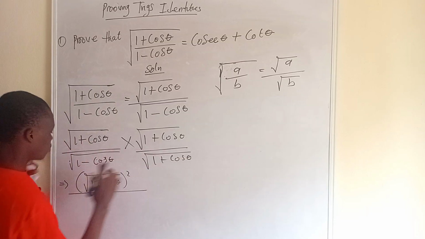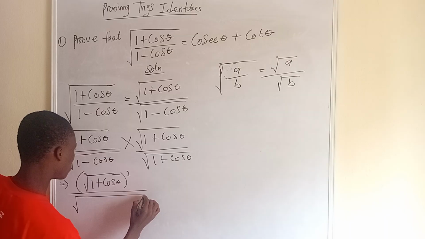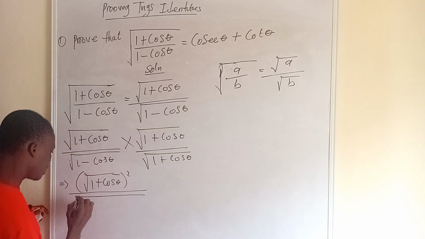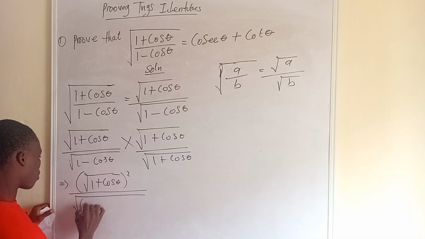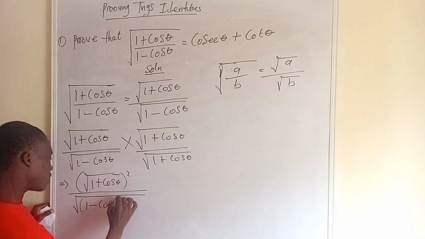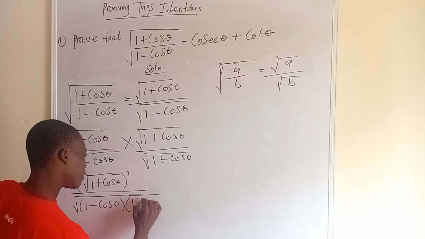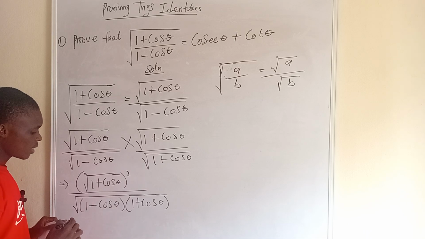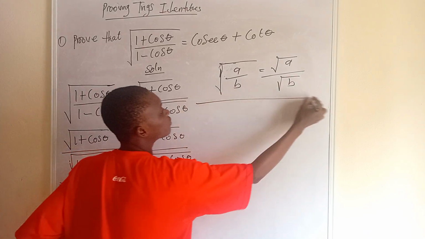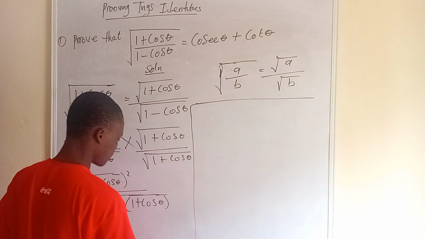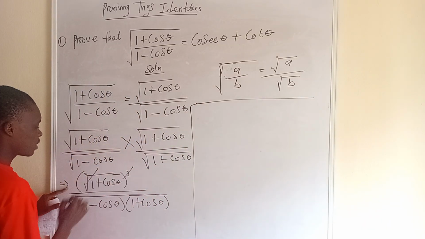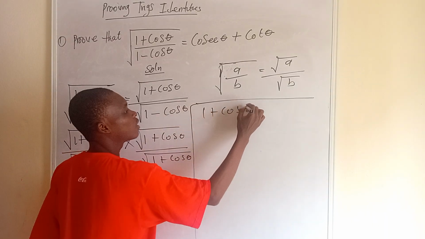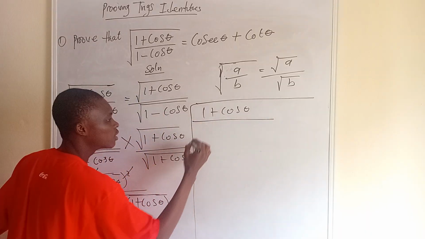If we multiply these two, we'll have the square root of (1 minus cos theta) multiplied by the square root of (1 plus cos theta), which gives us the square root of (1 minus cos theta) multiplied by (1 plus cos theta). All right. So from here, clearly we can see that the square root and the square can cancel out, right? So we now have 1 plus cos theta all over the square root.